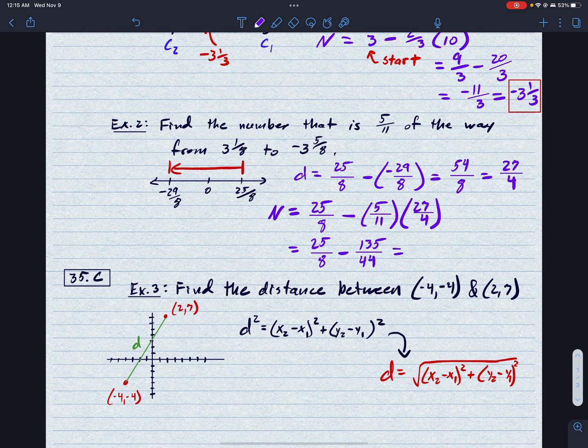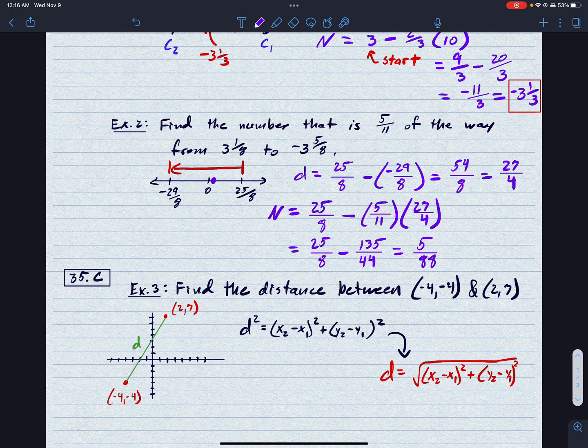Comes out to 5 over 88. And notice 5/11 is a small number. We're not moving a whole lot. 5/11ths of the way. That's not even, well, actually, I guess that's a little more than halfway when you think about it. It's a little more than halfway. So 5/88 is the number we're looking for. And that's going to put us right around here, 5/88, pretty close to 0.